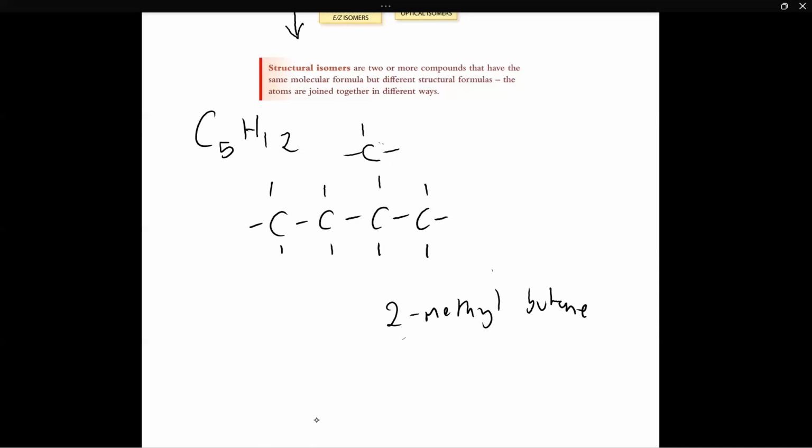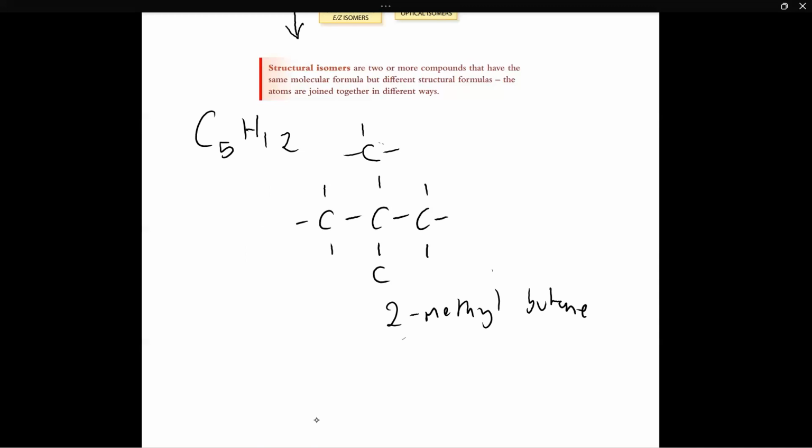Now, if I want to create another isomer from this, same rule, remove the carbon from the other end now. We removed the carbon from one end. Now I want to remove the carbon from the other end. So this carbon over here, I'm going to remove this carbon. Now, like I said, place it on the middle carbon. The middle carbon out of these three would obviously be this one now.